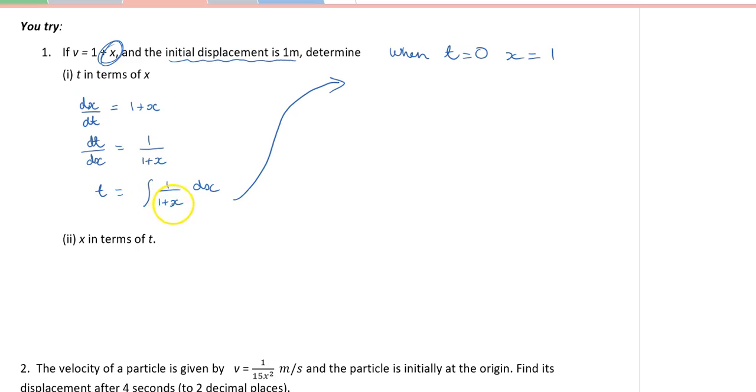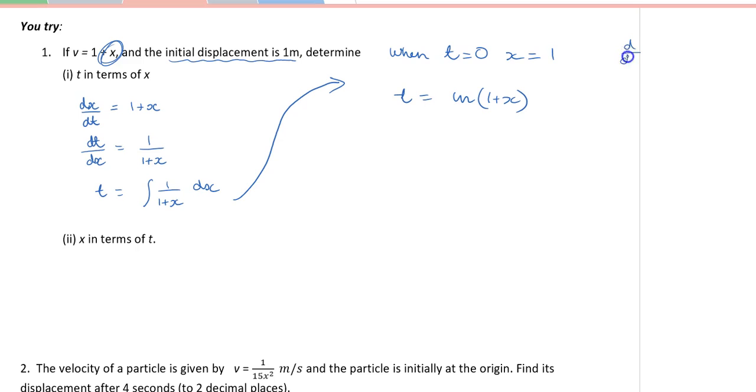In this case, there is no point calling this 1 plus x, bringing it all up to the minus 1, because we'll be adding 1 to the index, which will give us a 0 and trying to divide by 0, which then hopefully takes us to, well, this is a situation where this came from a log. So to get to t, we had the log of 1 plus x. And if you're unsure, do a little differentiation of this over on the side.